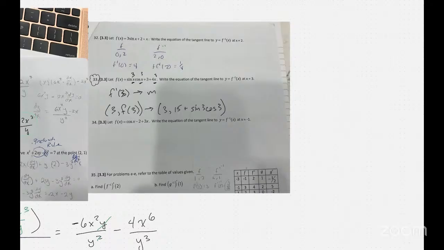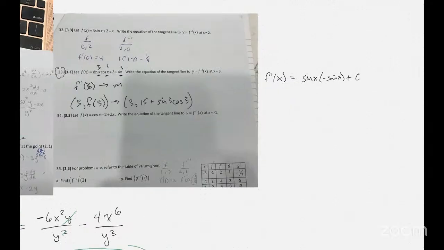What's f prime of x? It's going to be quotient or product rule, right? Sine x times negative sine x plus cosine x times cosine x plus 4, right?